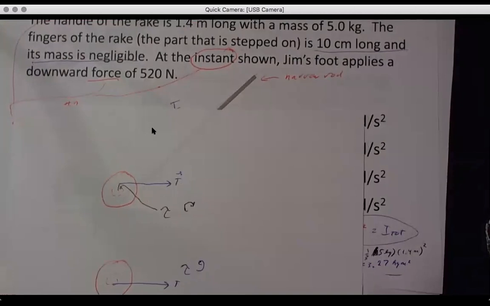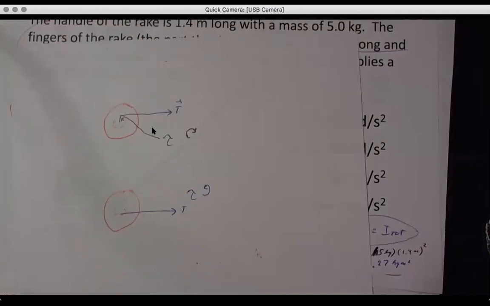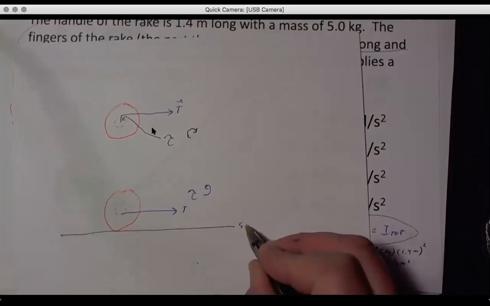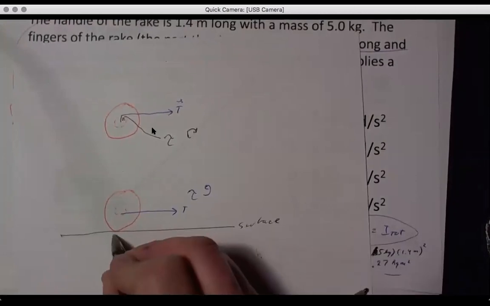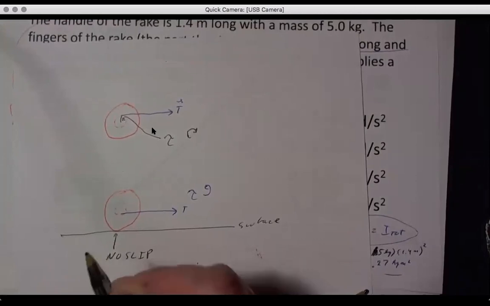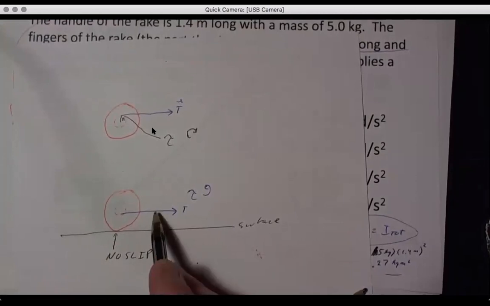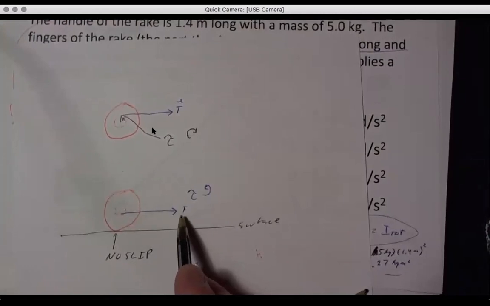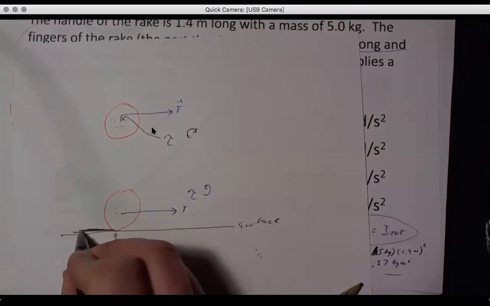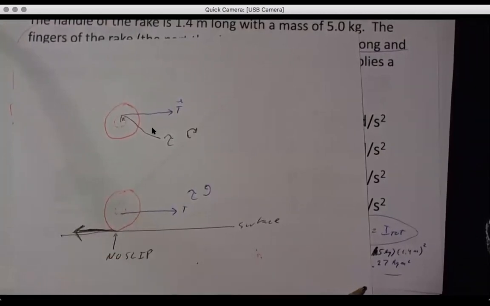So what's going on? Come up with anything yet? I hope so. Because remember, there is a surface down here, and that's no slip. I didn't see it sliding anyway. And so if I'm pulling this way, then this is going to pull that way with an equal magnitude.